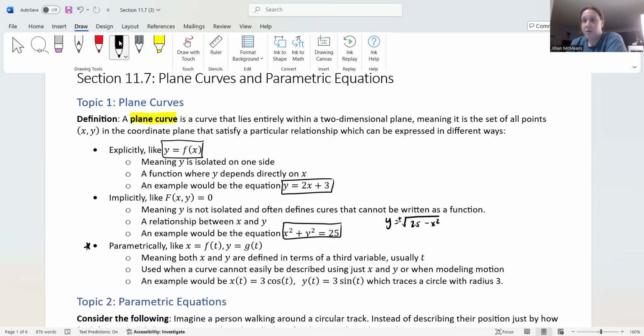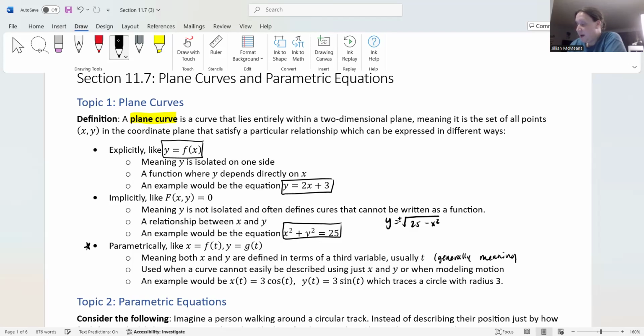It doesn't necessarily have to be t, but we generally use t, and a lot of times we let it refer to time. So both x and y are defined in terms of a third variable, t.